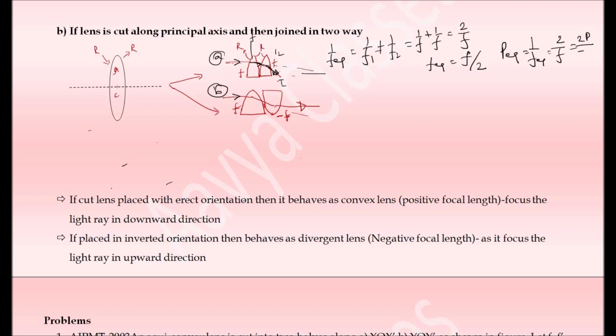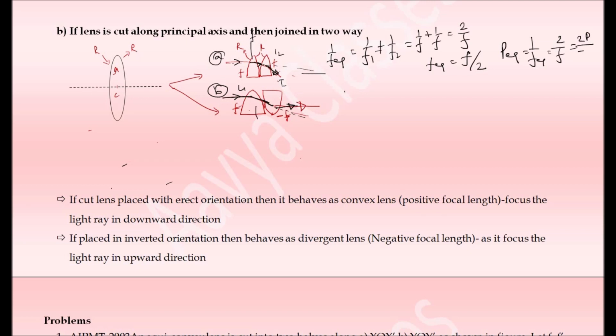When the light ray comes, the first lens L1 will converge this light ray. However, the second lens L2 will diverge the light ray, and because of that the light ray moves undeviated. So the second lens L2 focuses the light ray in upward direction, and it will have a negative focal length.